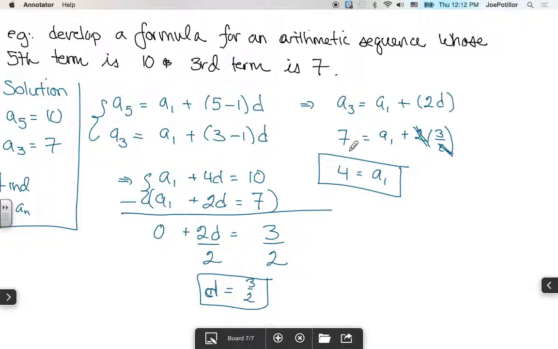Thus, we can now develop the formula for the sequence. So a sub n is equal to a sub 1 plus n minus 1 times d.